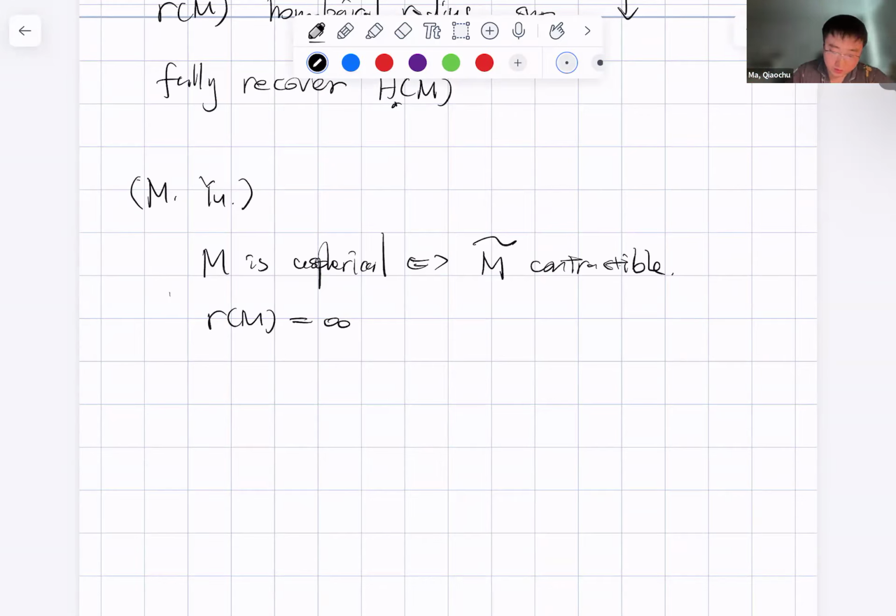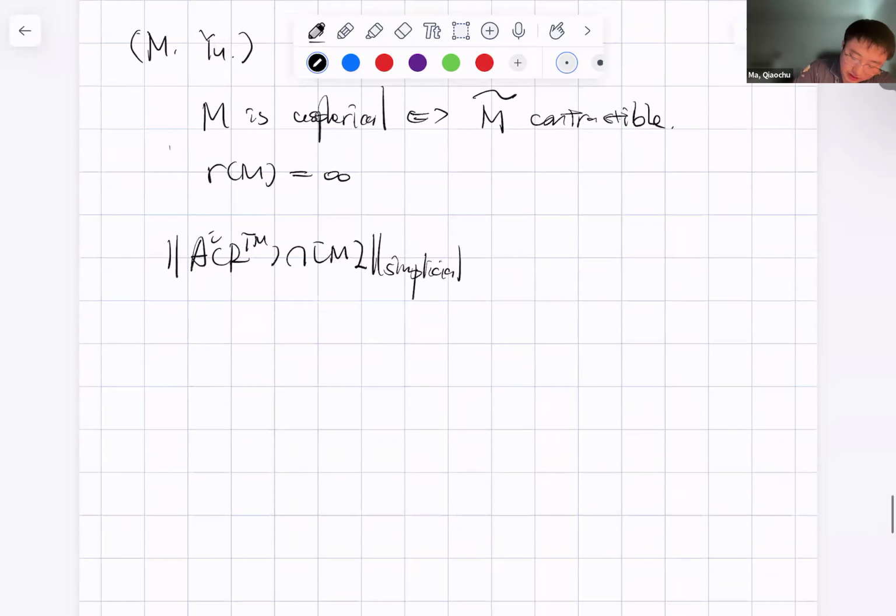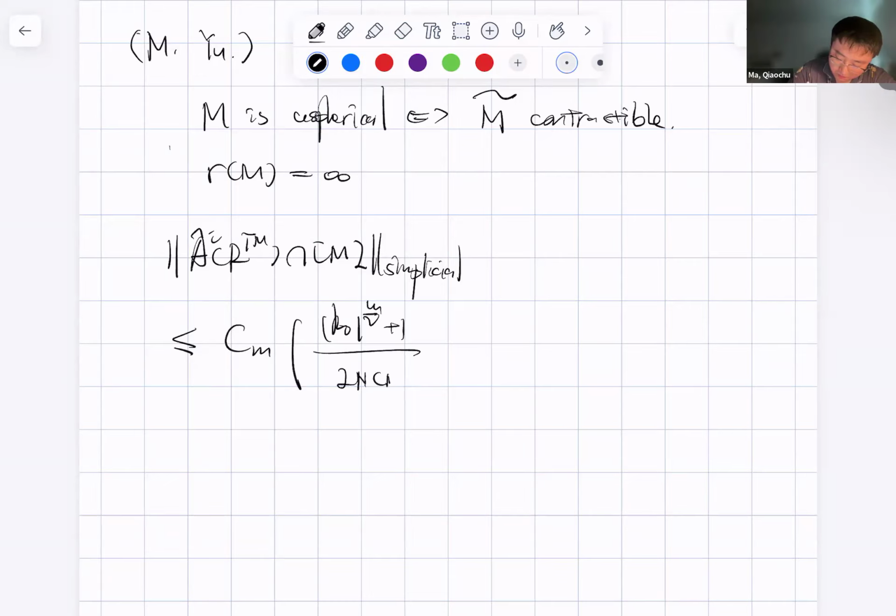This parameter goes away, and we can control the simplicial of the dual of the A hat genus, it is given by also some C_M is 0 with I plus 1 plus 1.